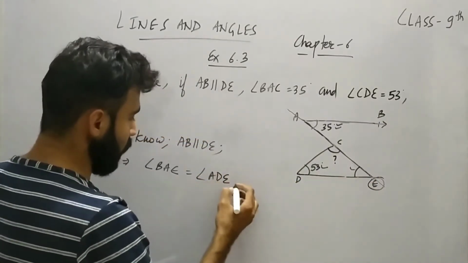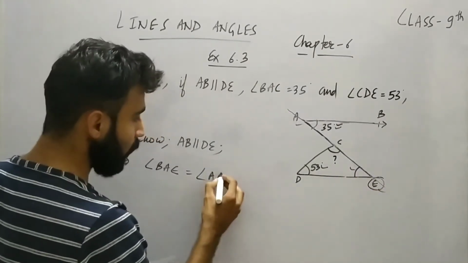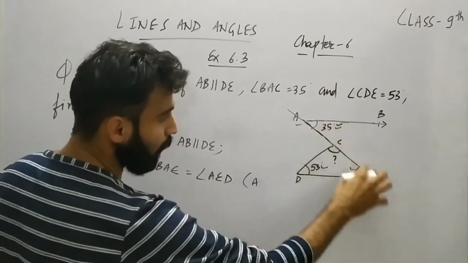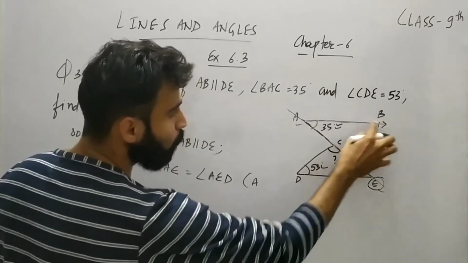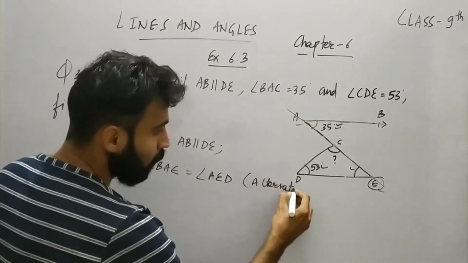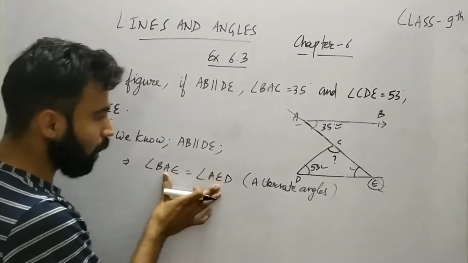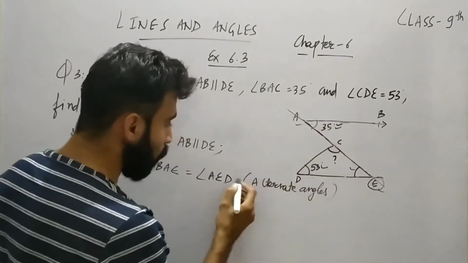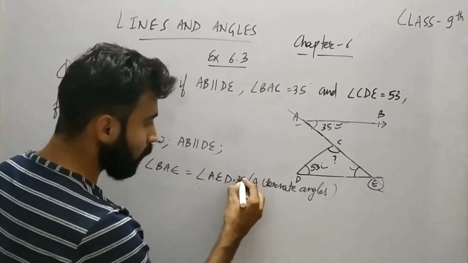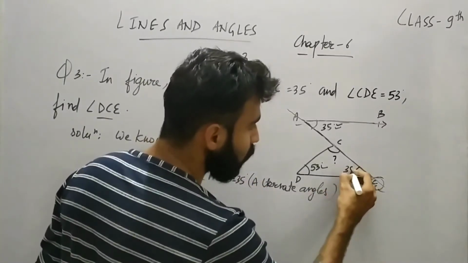Sorry, let me just write it clearly: AED, right? So both are now alternate angles, right? So angle AED is equal to BAC. This is what I have written. So alternate angles, right? Lines are parallel, that means alternate angles are going to be equal. So both will be equal to 35 degrees, right? So this is also going to be 35 degrees.